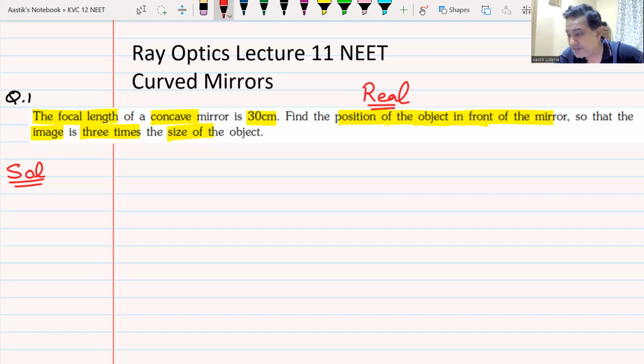The question coming in NEET would be a lot easier, and whatever questions we are doing may be a lot more difficult. This is probably one of the more difficult questions that you can expect. So you don't have to do any question which is more difficult than the ones that we are doing in the class. I hope you understand this.